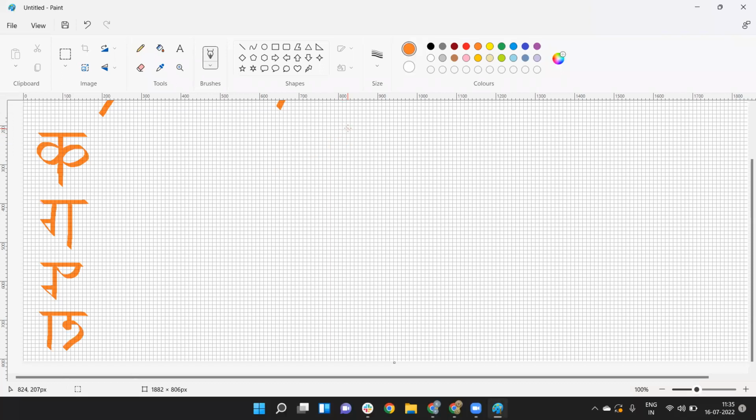I'm shifting it to right hand side now. I don't have space below. Next one is D. Then T. Then Bh.